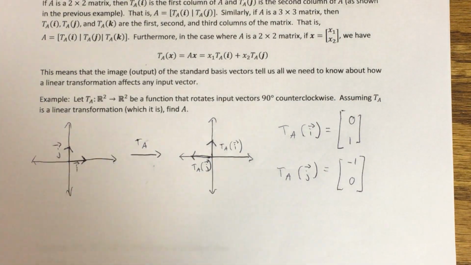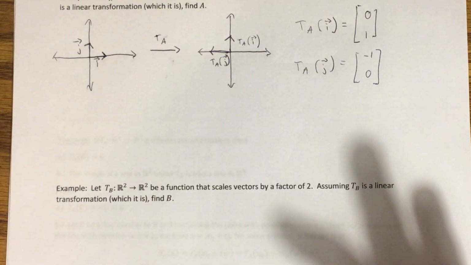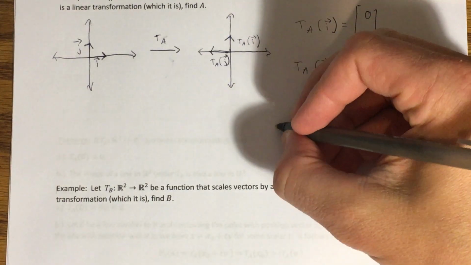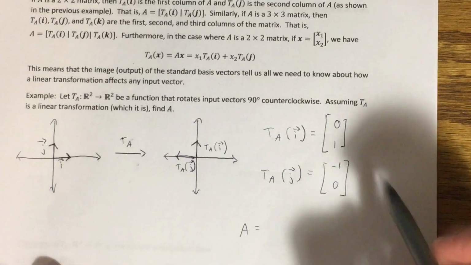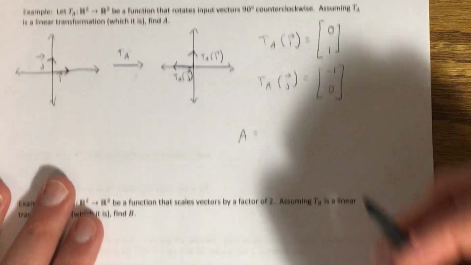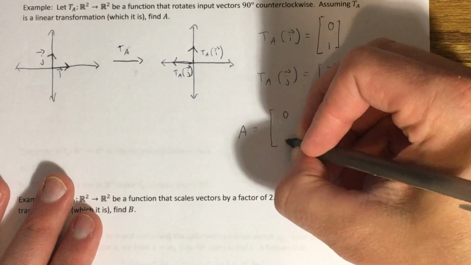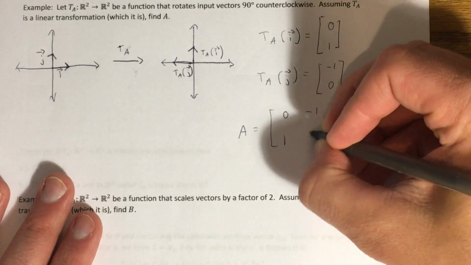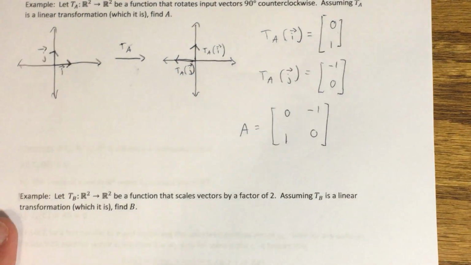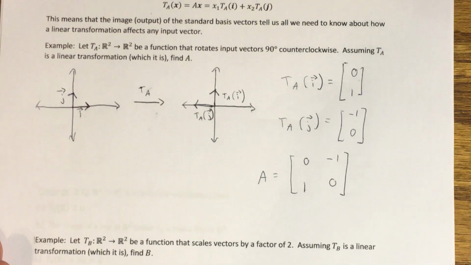According to the work that we just did, the matrix for this linear transformation is the matrix that has these 2 vectors as columns: 0, 1, -1, 0. What does that accomplish for us?